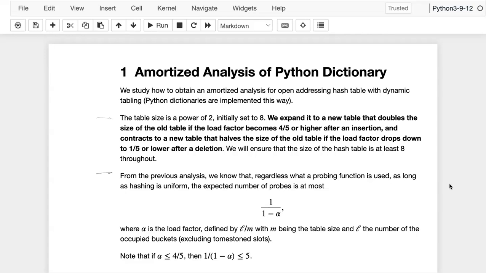Note that if alpha is less than or equal to 4/5, then 1 over 1 minus alpha is less than or equal to 5.